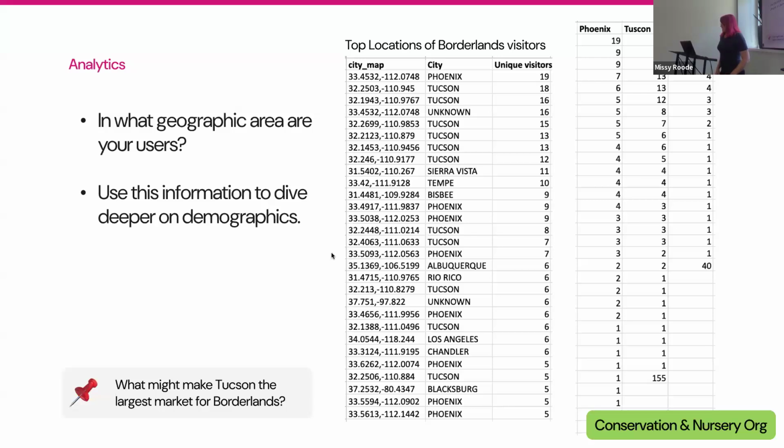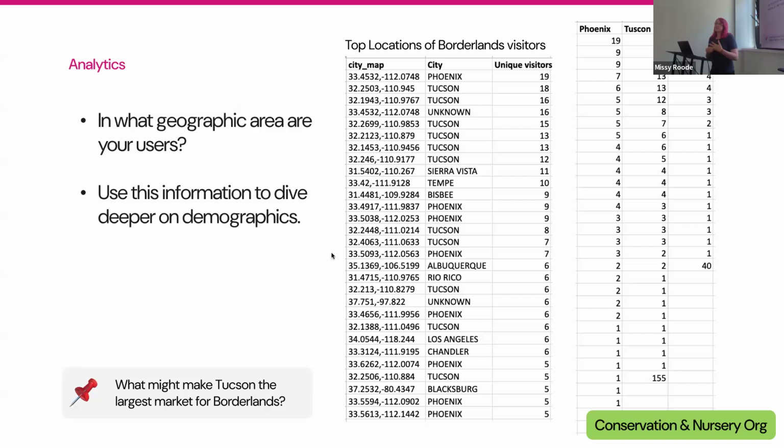So another thing that you might take a look at in your data is going to be the geographic area that your traffic is coming from. This is usually fairly available. If you have some traffic data, you should have this as well. You should be able to see from IP addresses where everyone is.